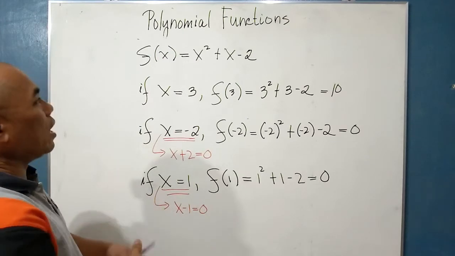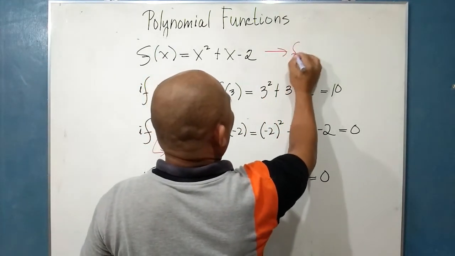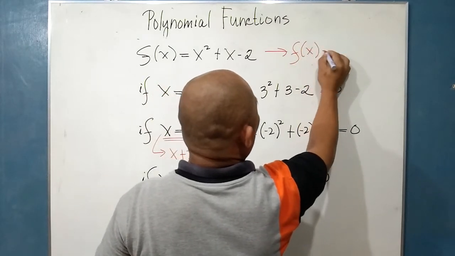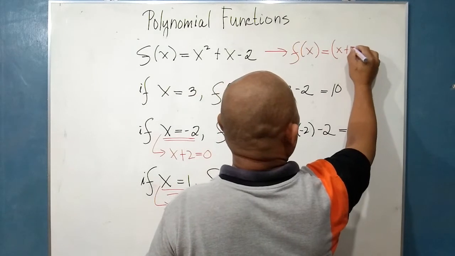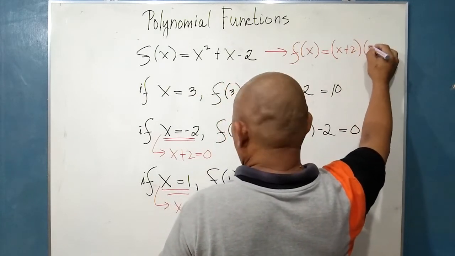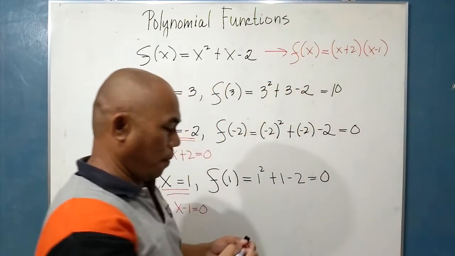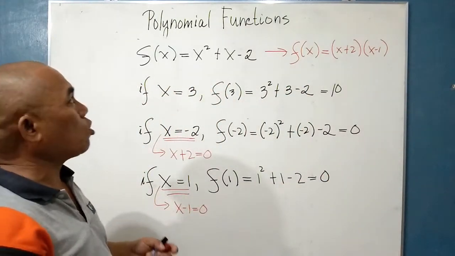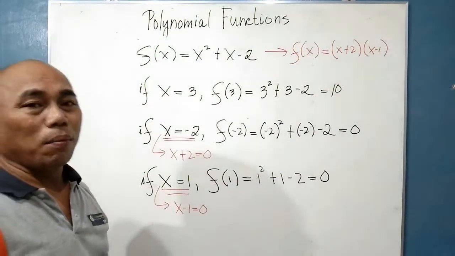In which, pwede nato di ay ni siyang isulat as f of x equals x plus 2 times x minus 1. So, sa polynomial function nga topic, ingon ani ang mahitabo.